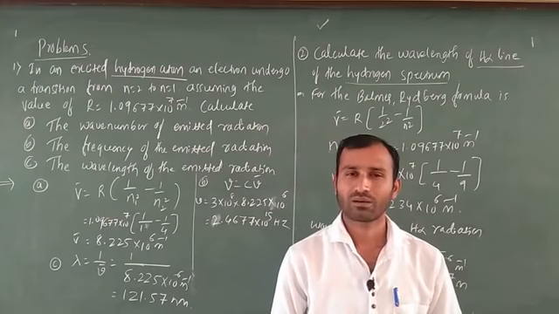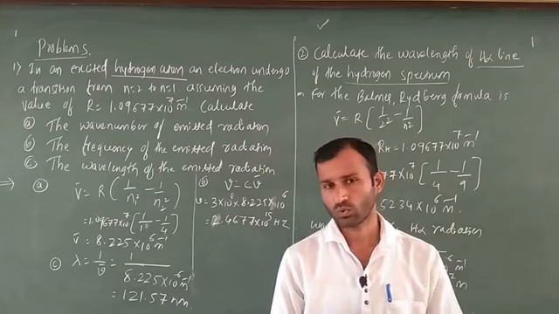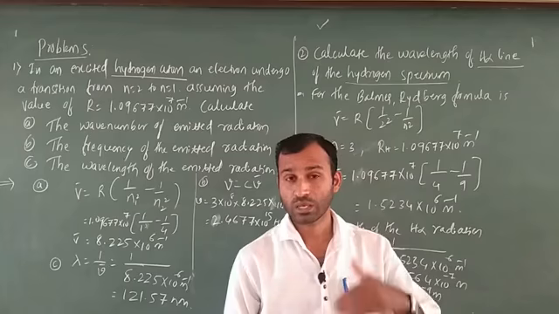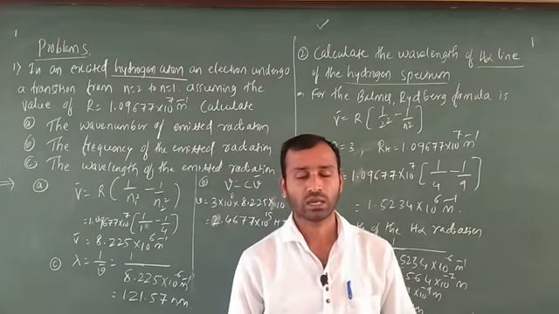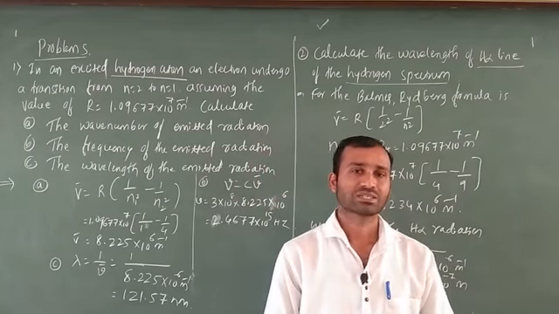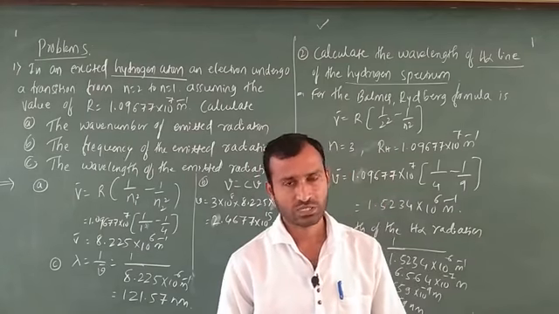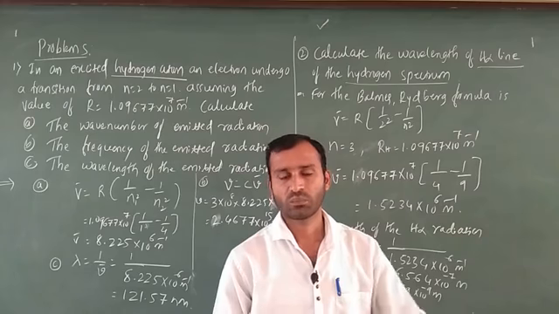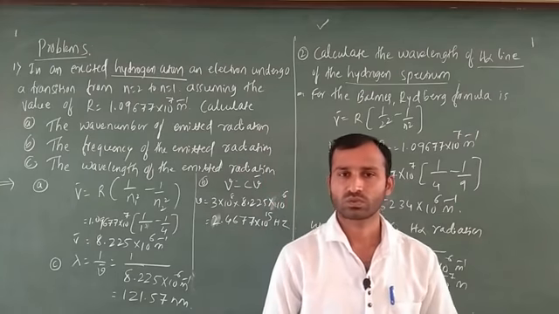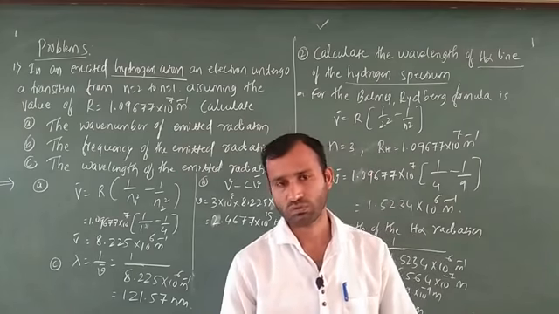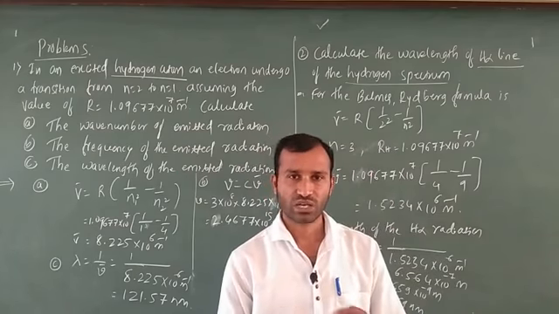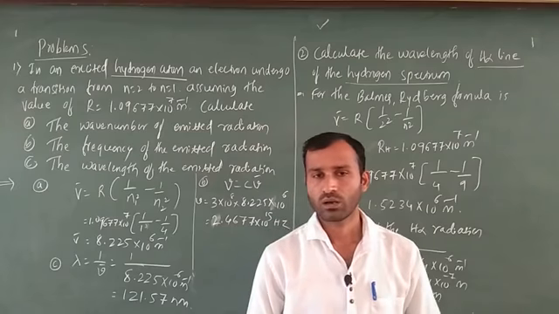According to the Rydberg constant, we have to put the values. If they give it in centimeter or per meter, you have to check that. If they give centimeter, it is 109677 per centimeter. In per meter, according to the SI system, that is 1.09677 into 10 to the power 7 per meter. You have to check that unit and solve the problem.